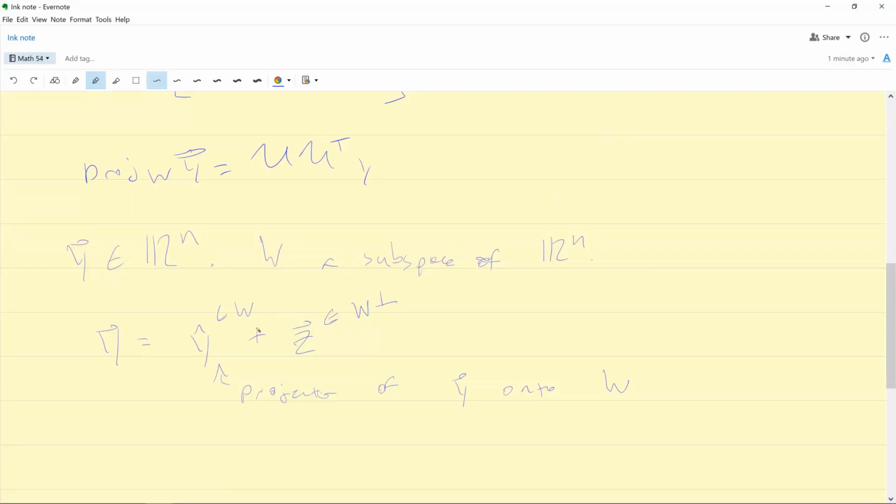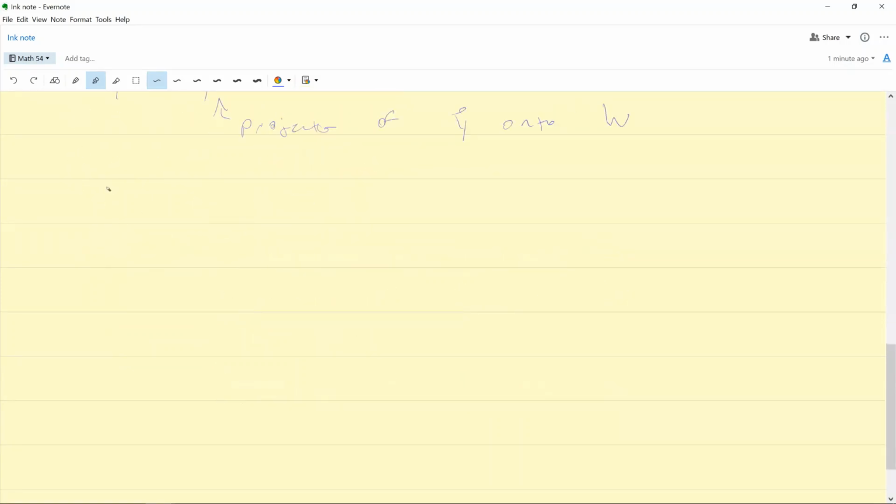So let's try to do a few true or false questions about W and W perp and this projection theorem. This is going to be problem 22 if you want to follow along in your book.